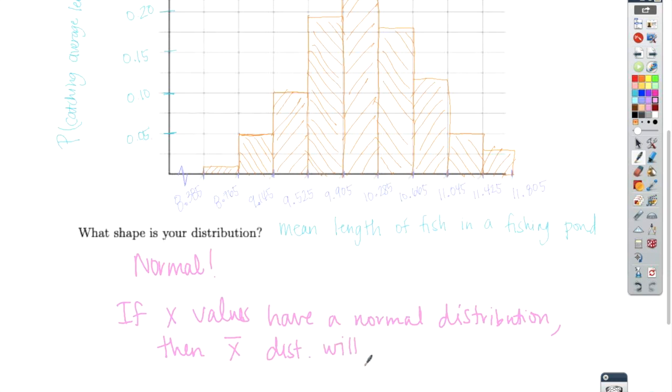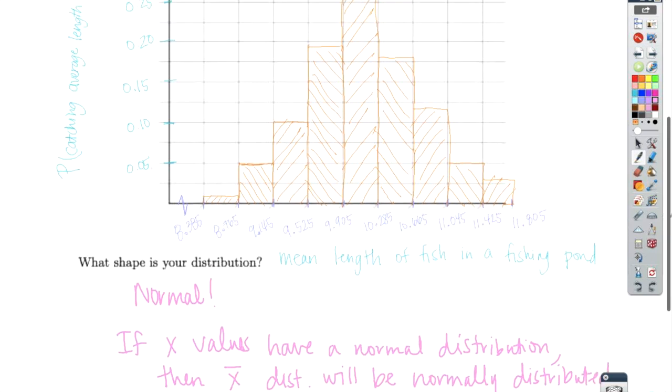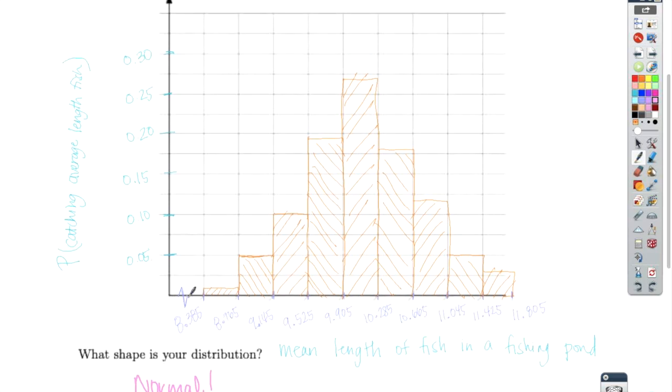Now, there are some conditions and special cases here. We'll see all of this in detail in section 7.5, but for right now, this is just kind of a happy example. Normally distributed. So this is just sort of like a pleasant surprise that we can see that this sort of follows a normal curve here.